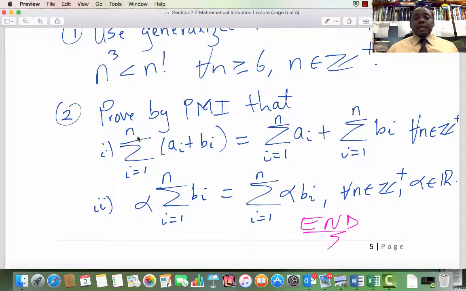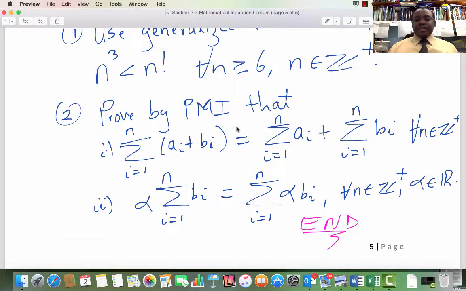In other words, prove that the summation of this sum equals the sum of the summations for every positive integer n. Number 2, prove that alpha times sigma i from 1 to n of b_i equals sigma i from 1 to n of alpha b_i for every positive integer n and alpha a real number.